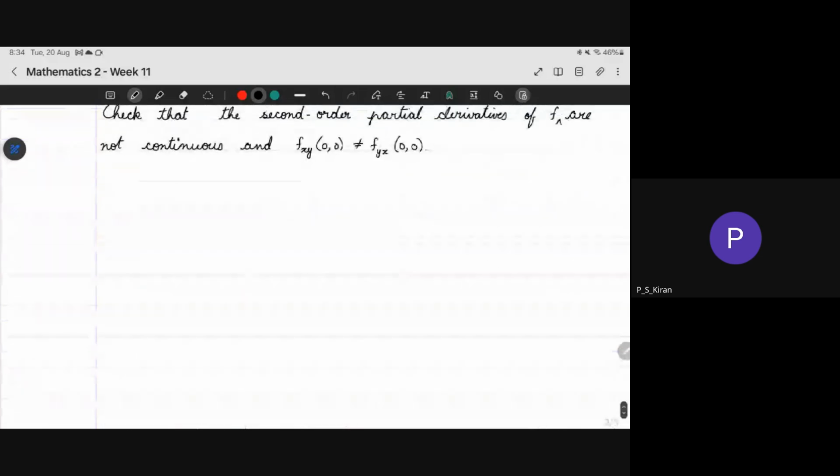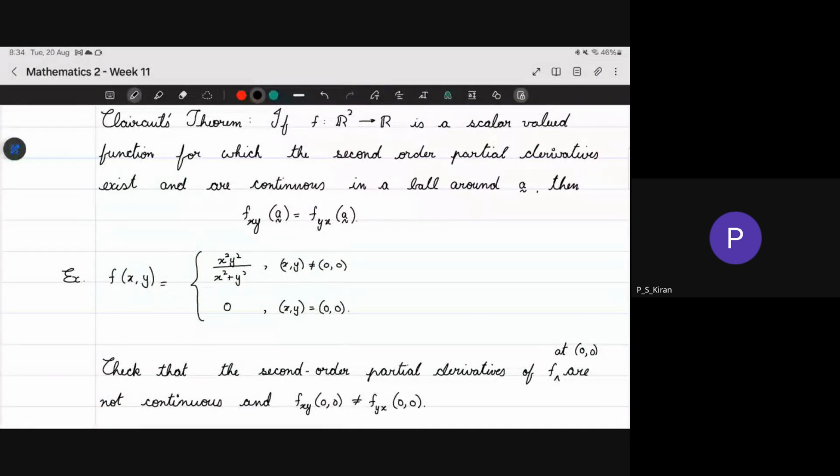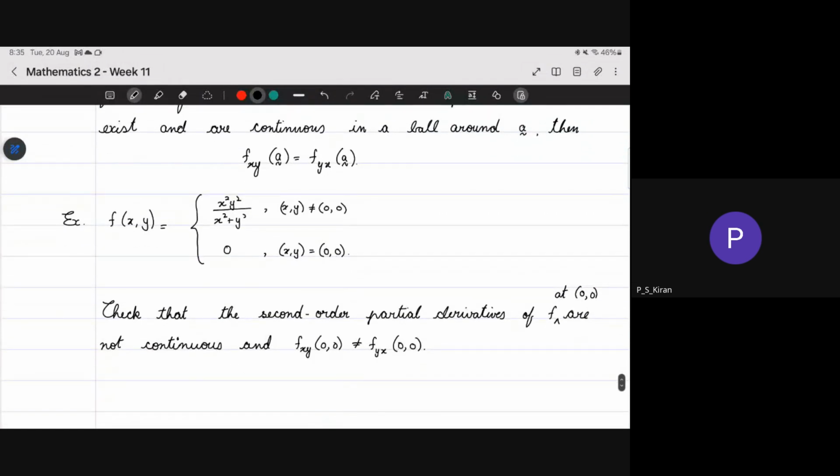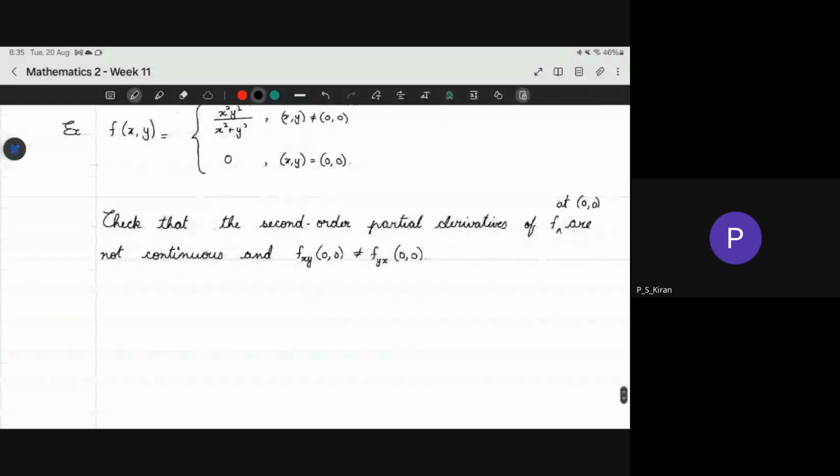But let's postpone that for later. Because the second order derivative does not capture the rate of change of the function. It's like acceleration, not speed or velocity. So this is the second order change. What it is saying is that the rate of change of the x derivative with respect to the y derivative is the same as the rate of change of the y derivative with respect to the x derivative. Not about the rate of change of the function itself.